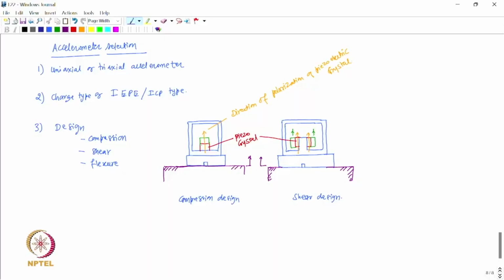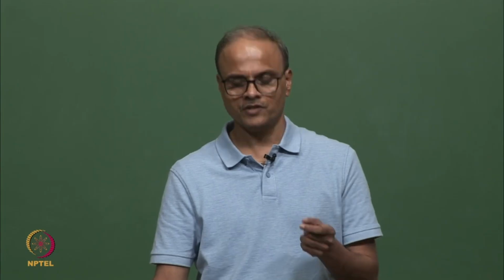So, in case of compression design, the charge is developed on this surface, right. So, charge due to deformation and charge due to pyroelectric effect. So, both these charges are developing on the same surface, and therefore, the charge signal gets corrupted because of the pyroelectric effect, because of the temperature change.